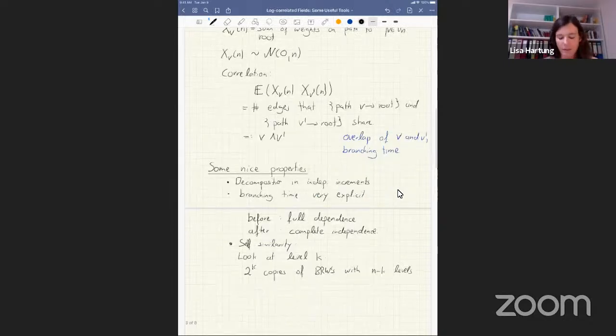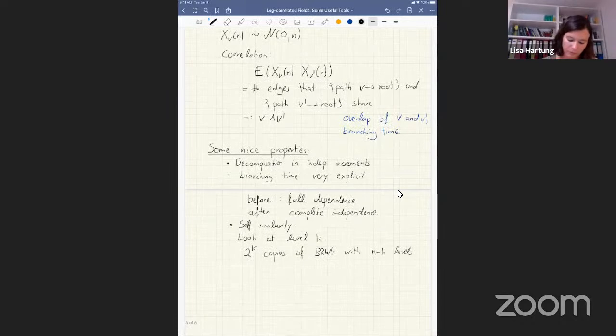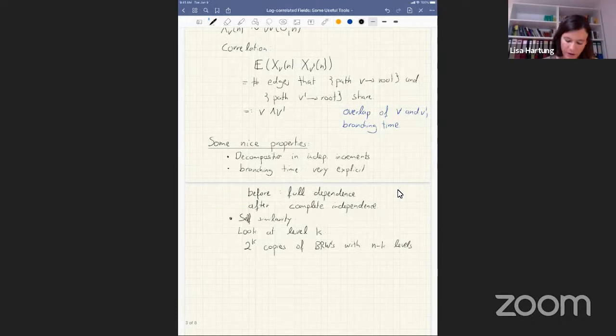Right, one might need to add a factor 2 somewhere, but essentially the idea is, if I look at this time k, then from each one here I can just start a new branching random walk.